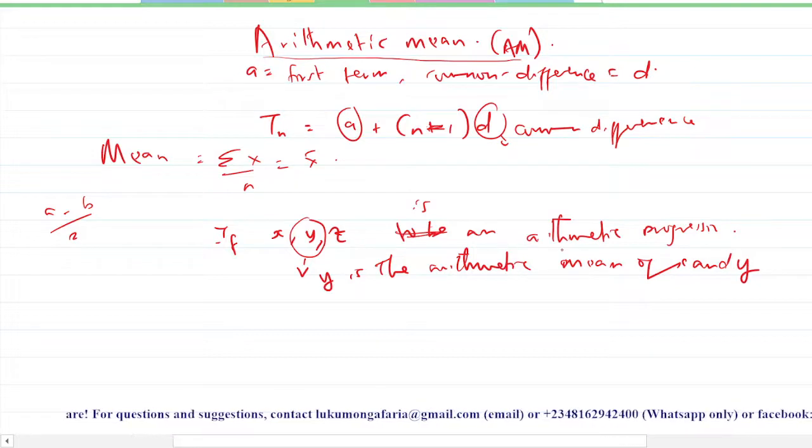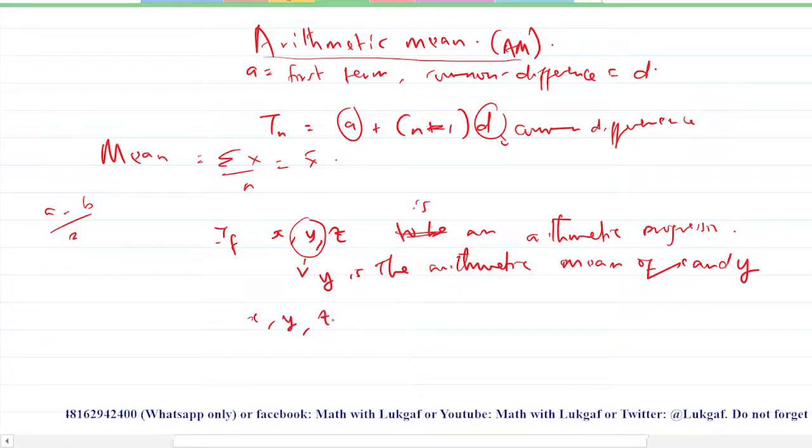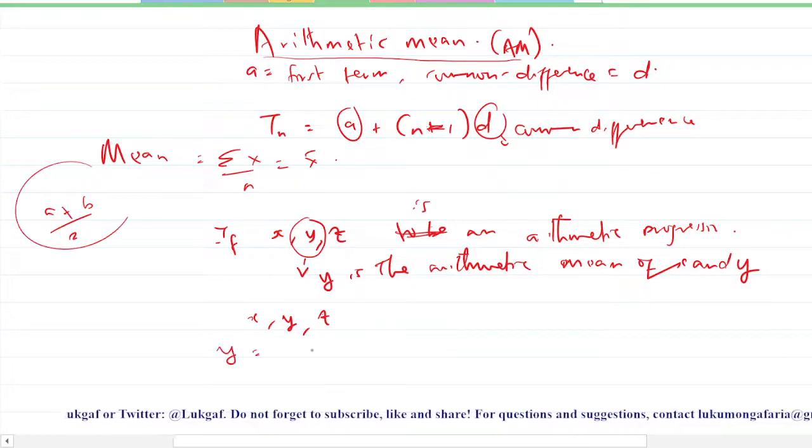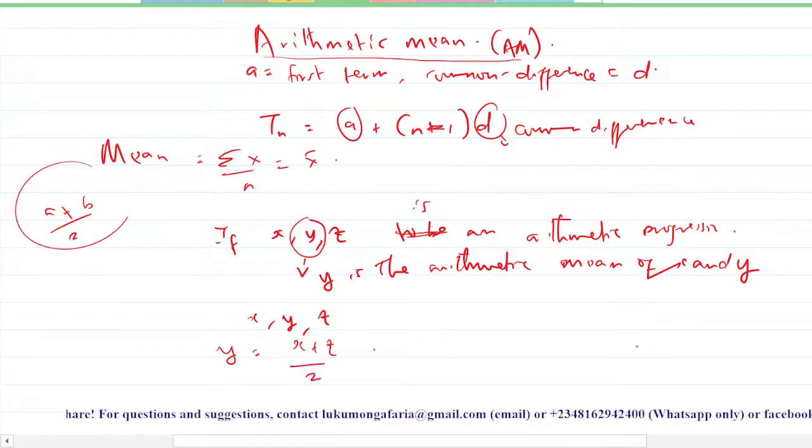So given that my terms are consecutive and they are x, y, z, then my y, which is the arithmetic mean, is going to be x plus z divided by 2. So that is half of the sum of the two terms, that is the upper one and the lower one.